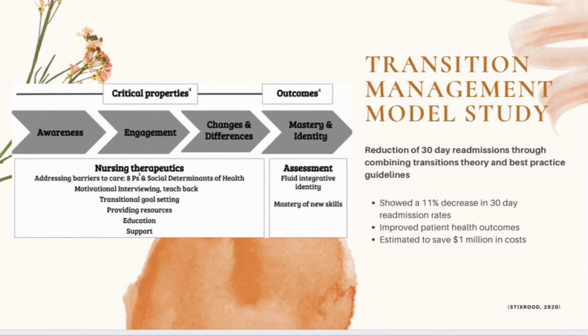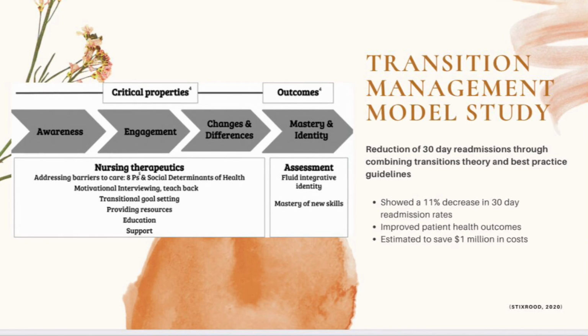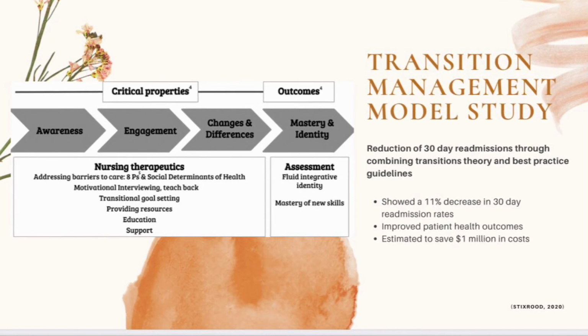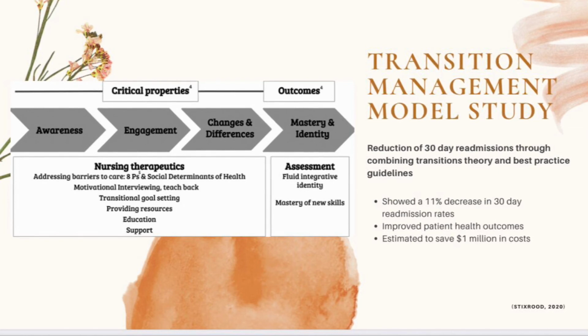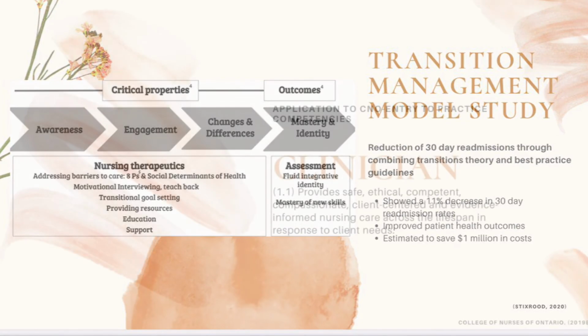They then observed the responses to check for mastery and fluid integrative identity indicators for healthy transitions and reported their findings. As a result of the study, there was an 11% decrease in 30-day hospital readmission rates, as well as improved patient health outcomes and an estimated 1 million cost savings. This study is an ideal example of how transitions theory can be applied to improve nursing practice.